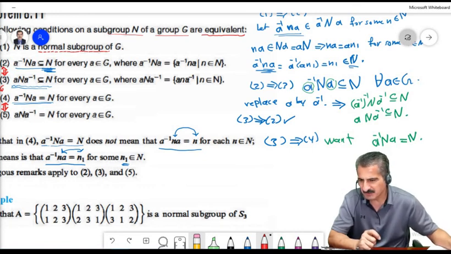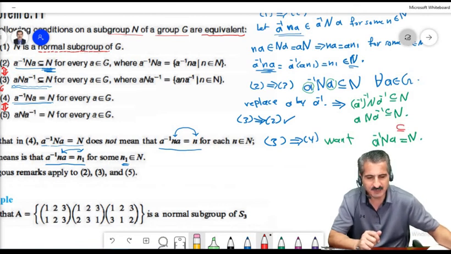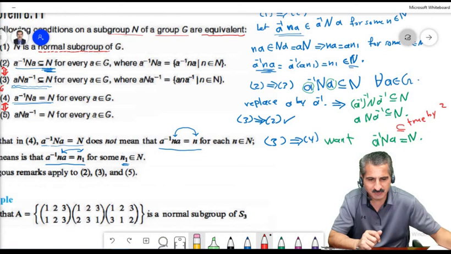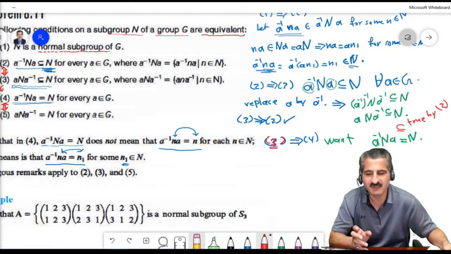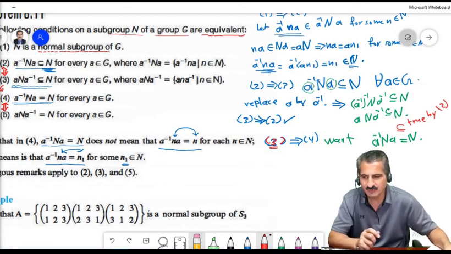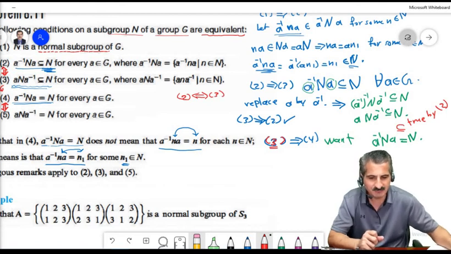Now this equality is true by which part? By 2. Okay, you may say, but we're starting with 3. This is where I said once we have 3, that means we have 2, because we showed 2 and 3 are equivalent. So if you are assuming you have 3, then you can use 2. So this containment in here is true by 2.